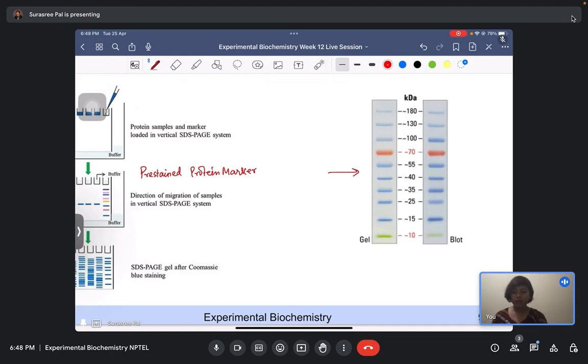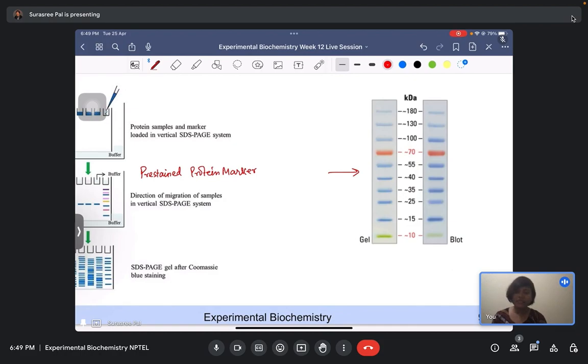And why do we use a pre-stained protein marker here? Because when the contents of the gel are transferred onto the membrane, the proteins are not labeled, they do not have any color. So when they are transferred from the gel to the membrane, we will not be able to visualize them because the membrane will be white, simple.